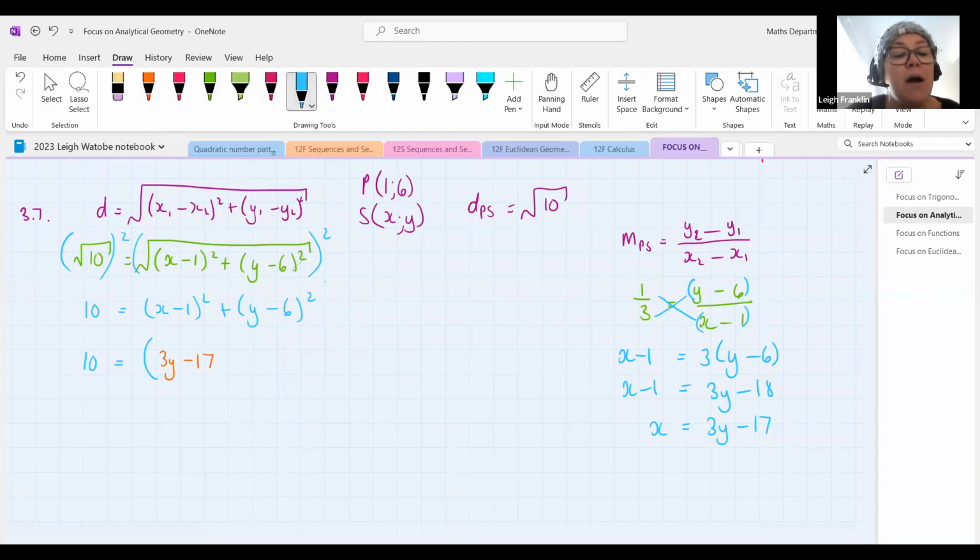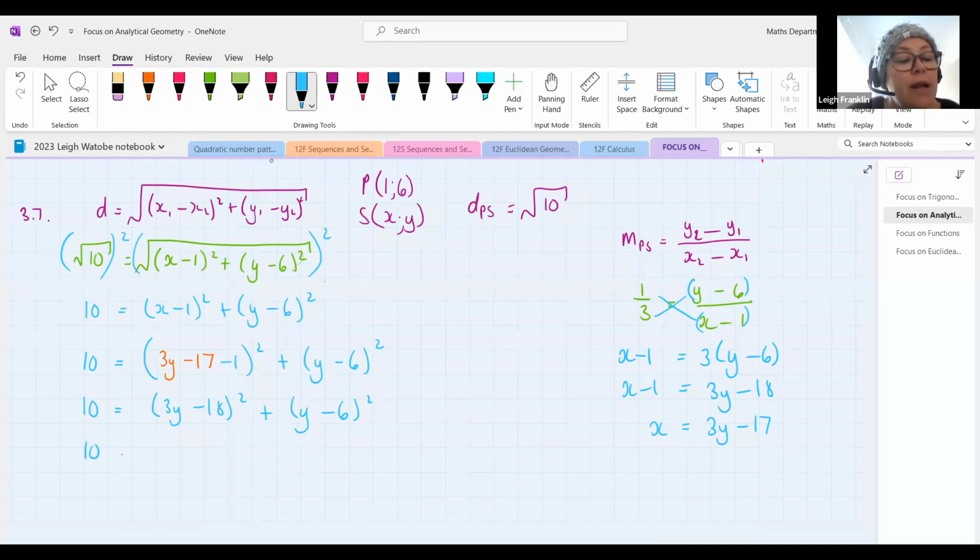Then I've got my minus 1 after that, and it's squared, plus (y minus 6) squared. This ends up being quite a difficult thing to end up multiplying out. So this is going to give me (3y minus 18) squared plus (y minus 6) squared.